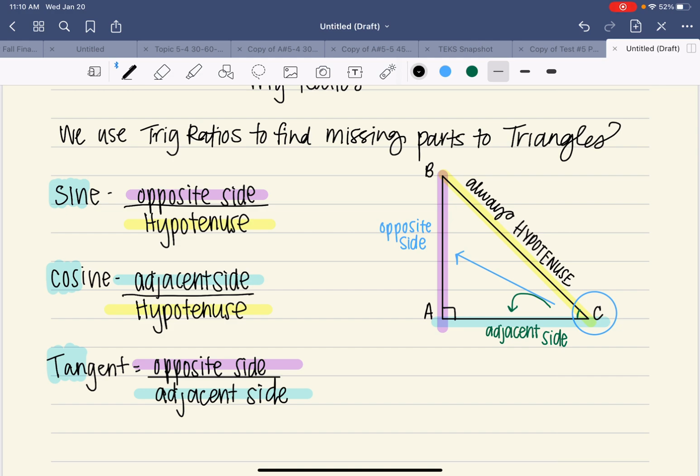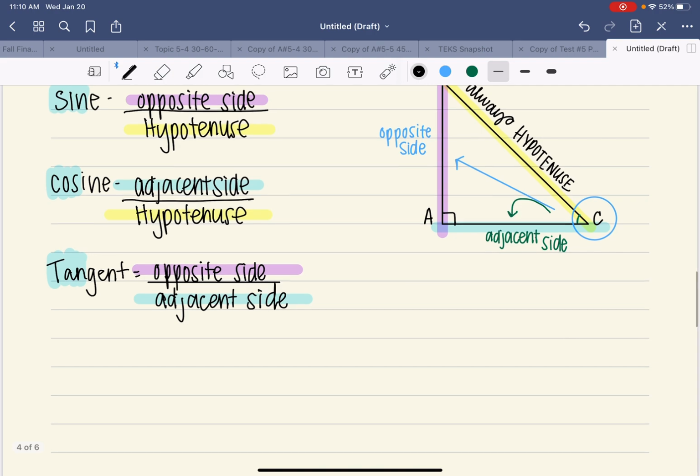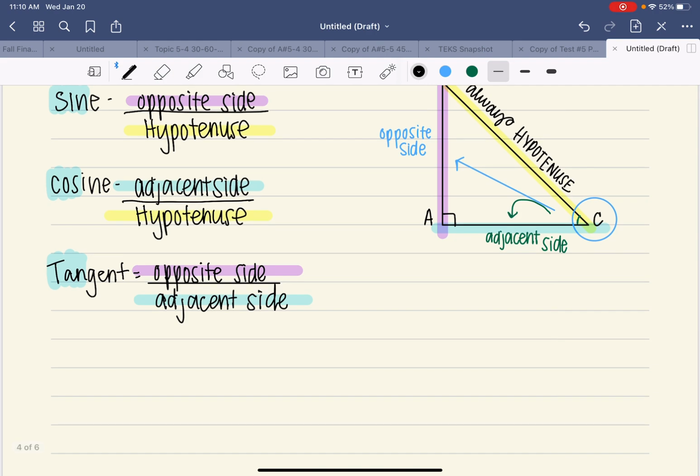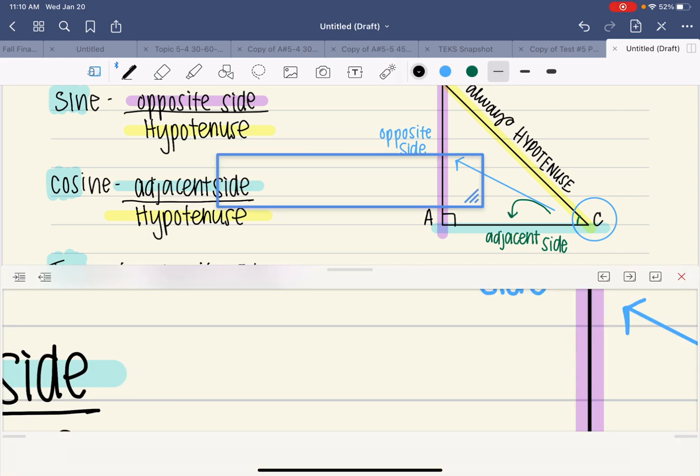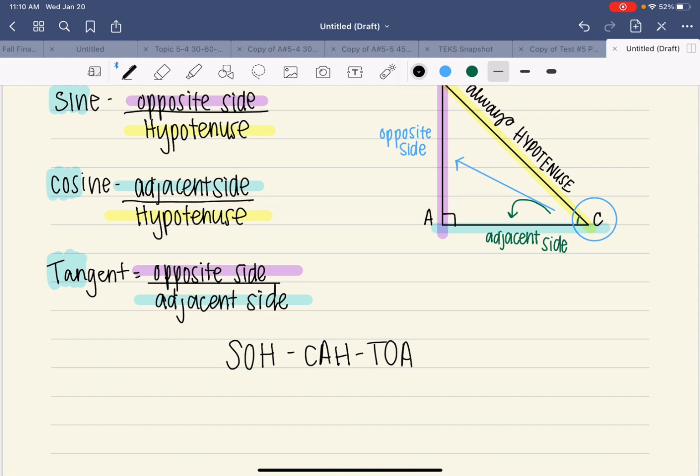Alrighty. Now, I am asking you to remember this. So let me tell you how you remember this. We have a funny term known as SOHCAHTOA. This SOHCAHTOA tells us how the ratio shall go. So for sine, which stands for S, it's opposite over hypotenuse.